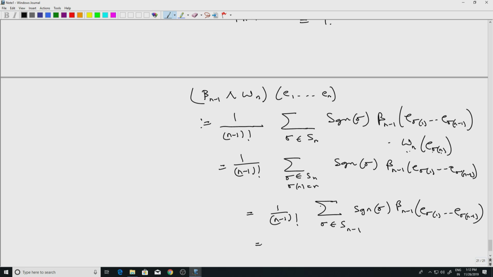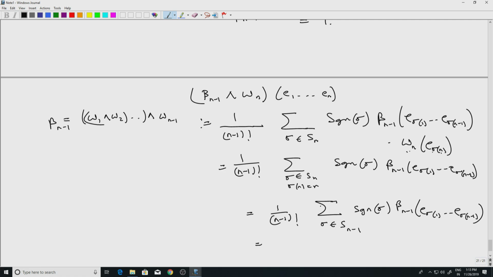Now it's an inductive process. So now you go back to beta. What was the definition of beta n minus 1? It is omega 1 wedge omega 2 all the way up to omega n minus 1.